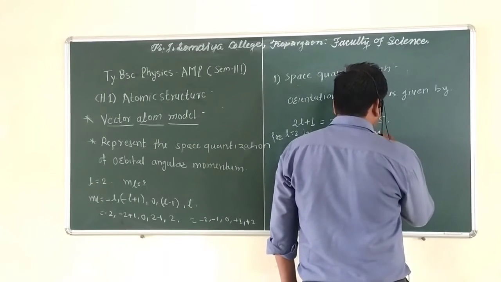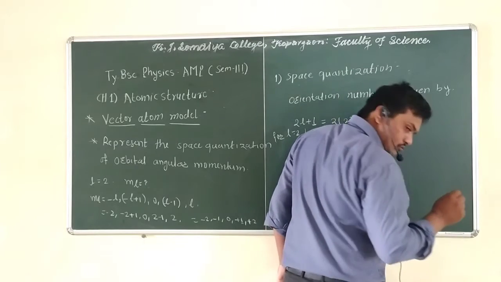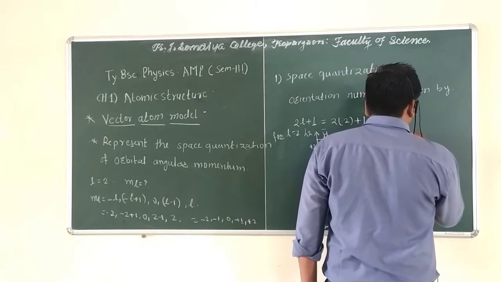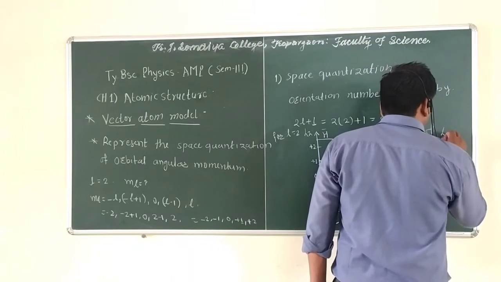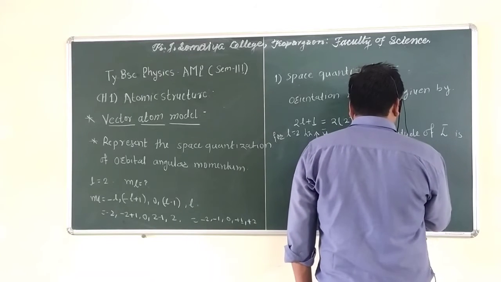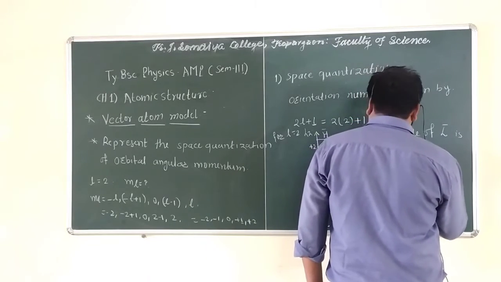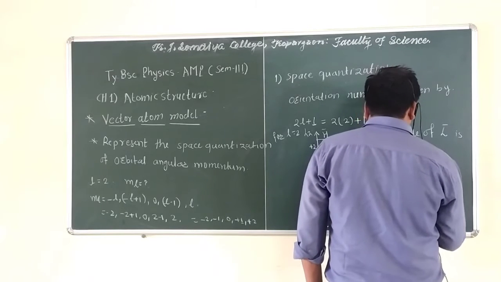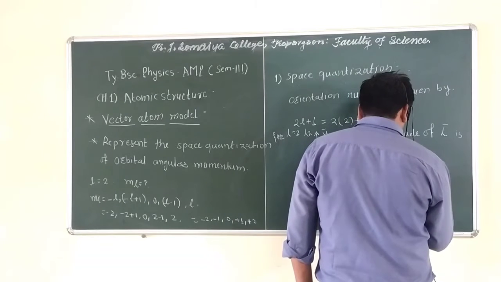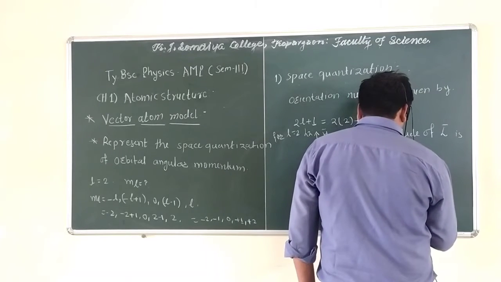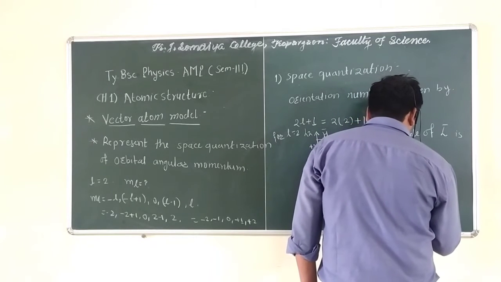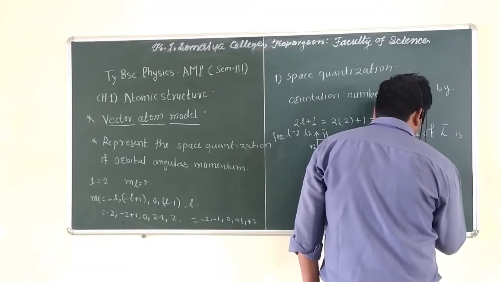The magnitude of L bar is given by L star equal to the square root of L into L plus 1.